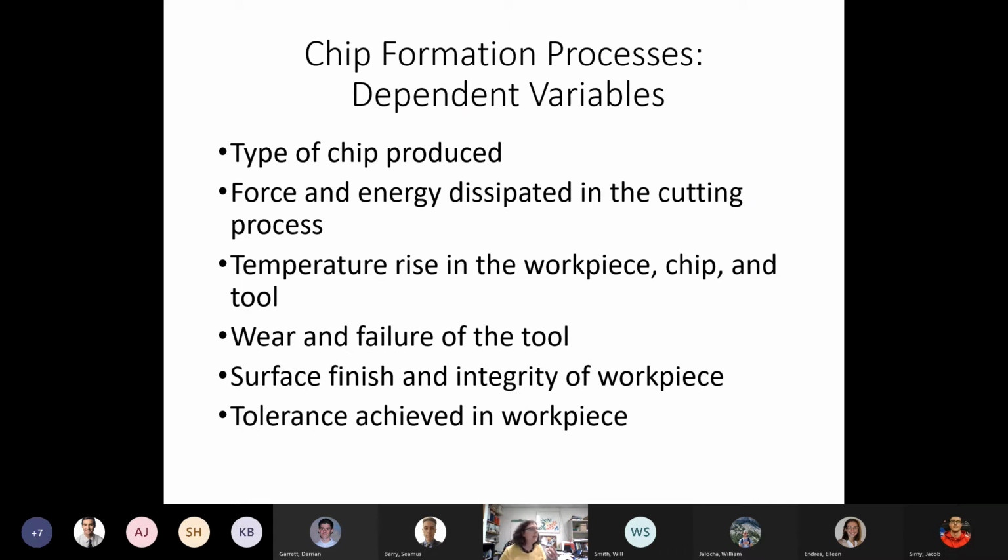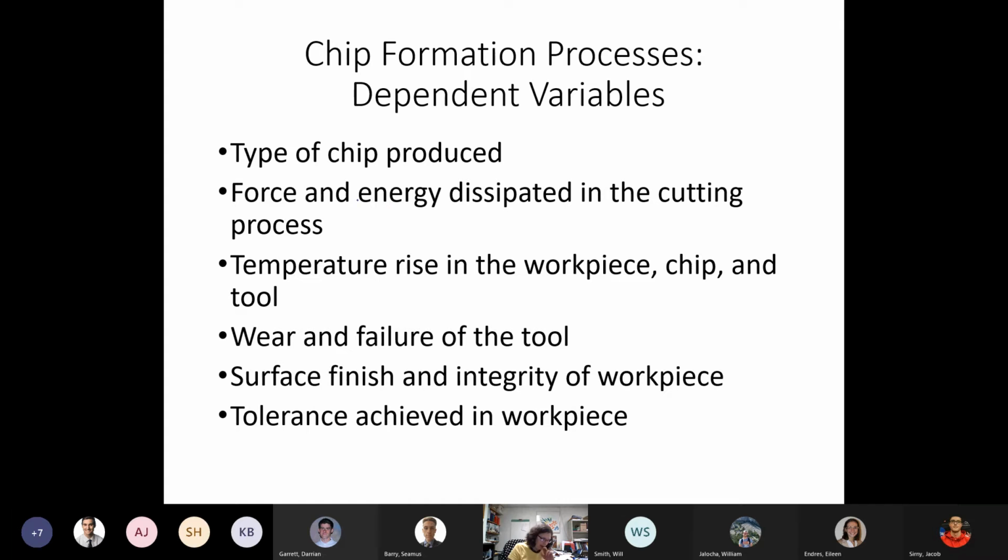If you have done any machining yourself, you're aware that you can have what we call a continuous chip, where the material that's removed is one long piece, and they tend to be spiral. We can have some chips that seem very fragmented. And the type of chip can be related to the quality of the part we're producing.